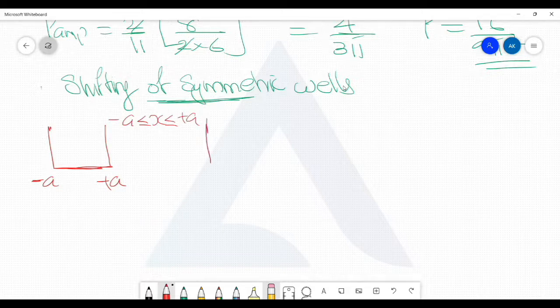Now I shift the box and now it becomes minus b to plus b. It can have a transition to any possible state.